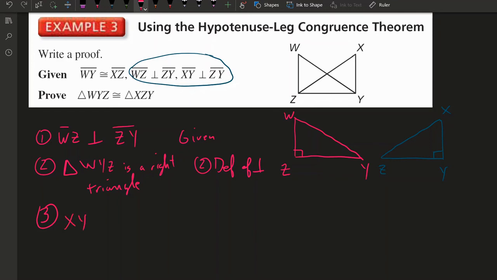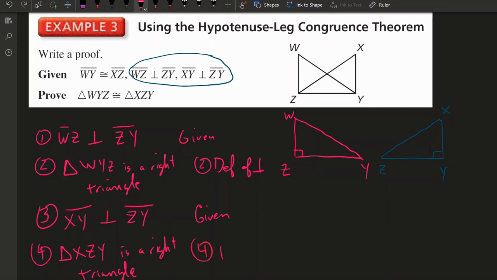Okay, step 3 is going to be the same step, but for our blue triangle over here. I would say XY is perpendicular to ZY, and that is given. And that means that triangle XZY is a right triangle. And that is because of the definition of perpendicular. So now that I see that I have right triangles, I'm allowed to use the HL congruence theorem.